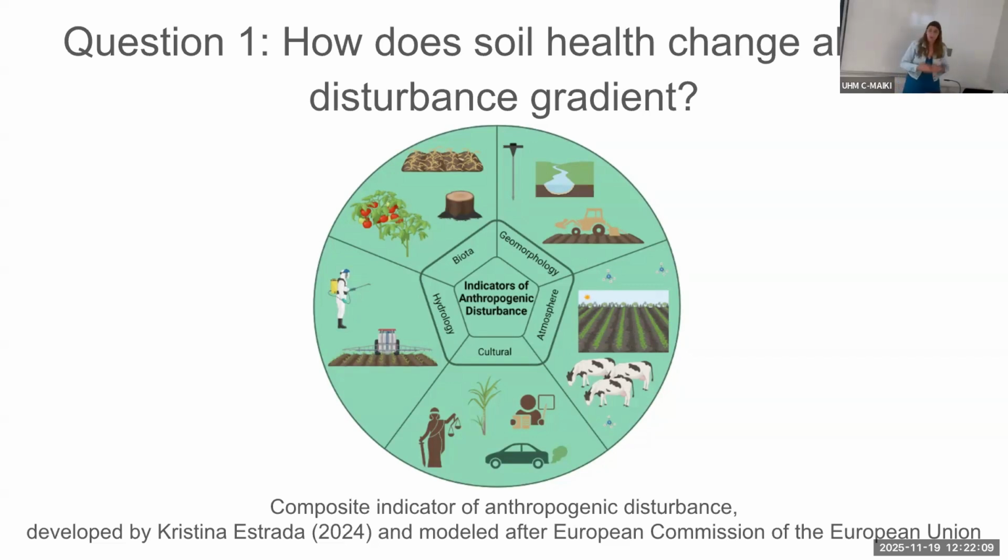Atmospheric, such as ammonia deposition is one. Cultural, so land managers' understanding of their own disturbance practices, as well as hydrologic. And so, again, through a series of surveys and questions, she compiled this using that composite indicator from the EU.